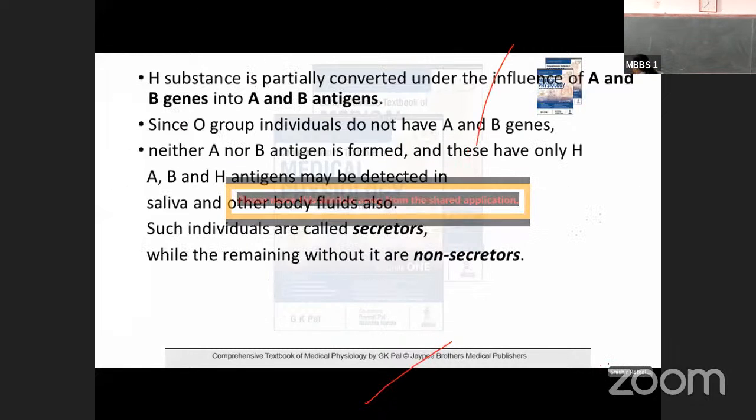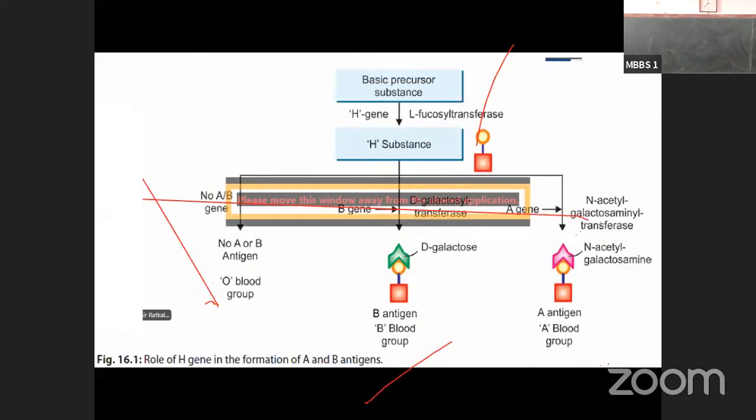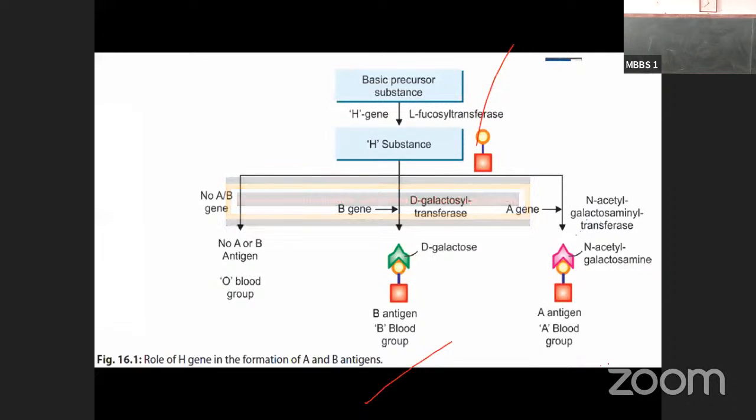Suppose in the next slide we see the basic precursor substance. In the presence of the H gene, this basic precursor substance which is present in our body is converted into H substance. This H substance, in the presence of the A gene and B gene, with the transferase, is converted into A antigen and B antigen.